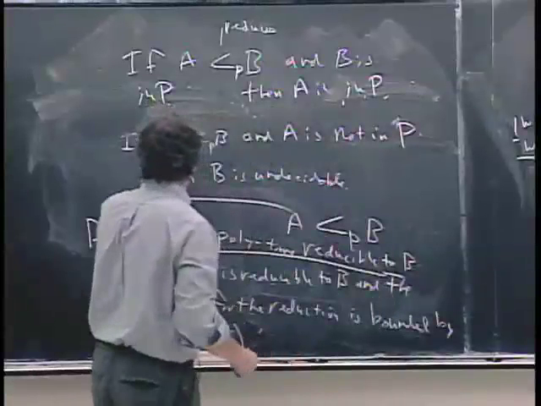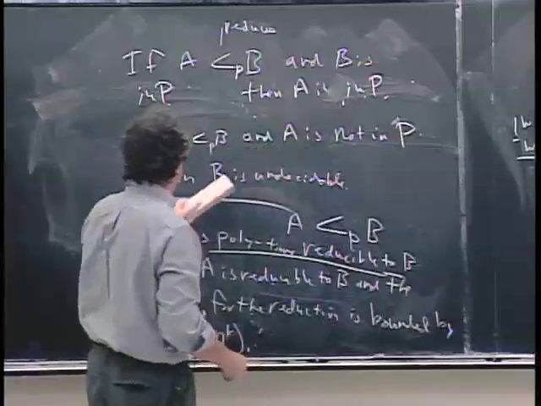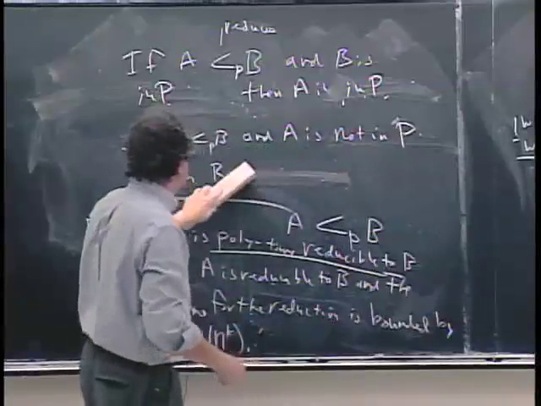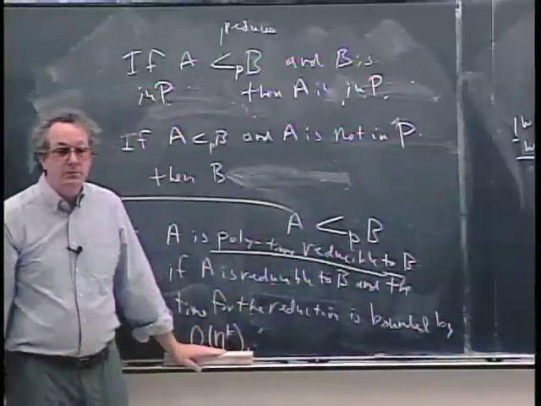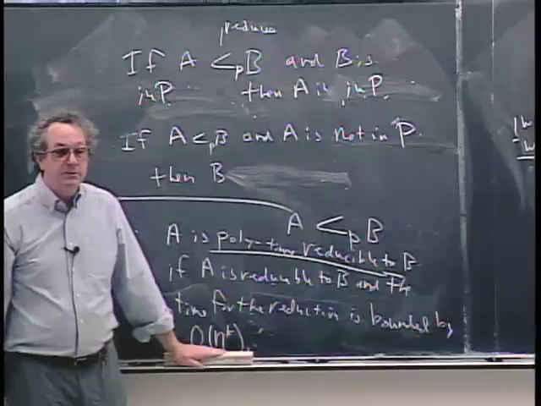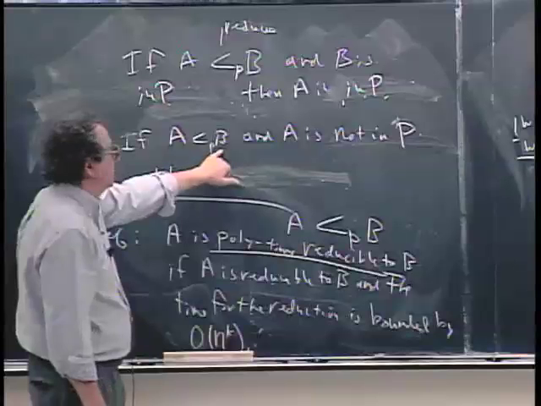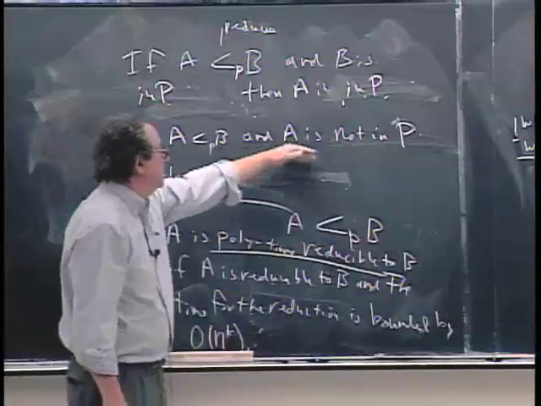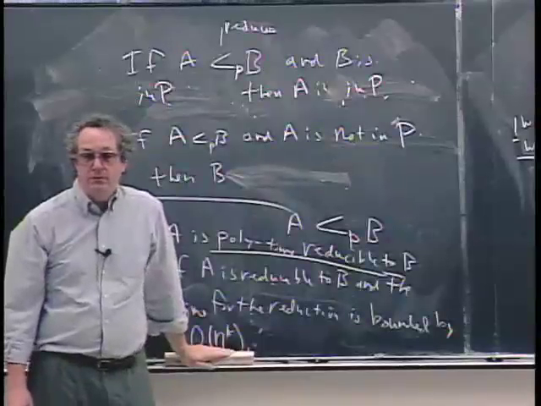So if A is polynomial time reducible to B and A is not in P, then what do we have? Well, A reduces in polynomial time to B, but A is not polynomial time decidable.